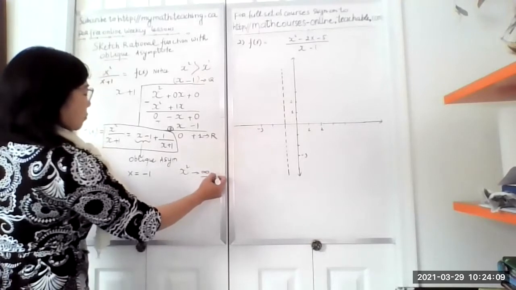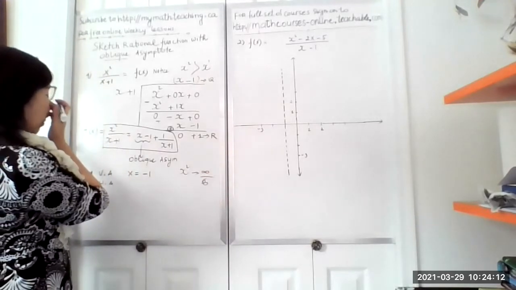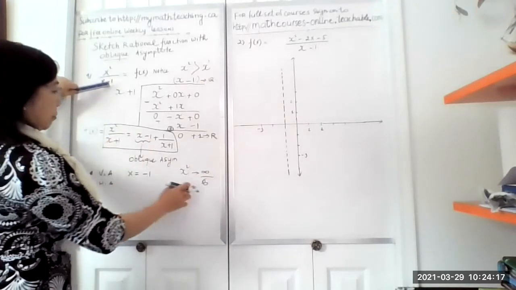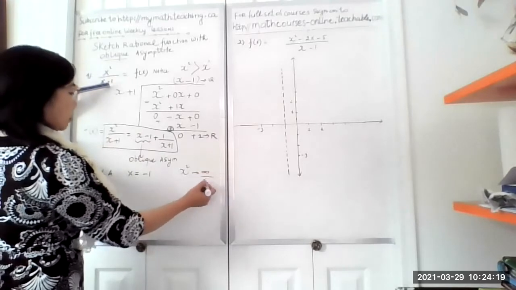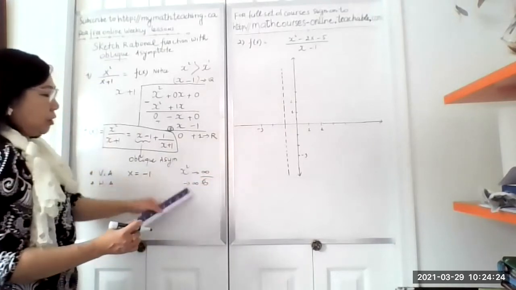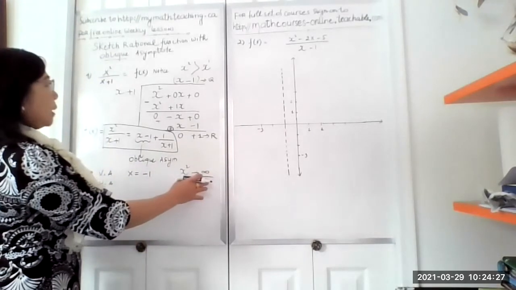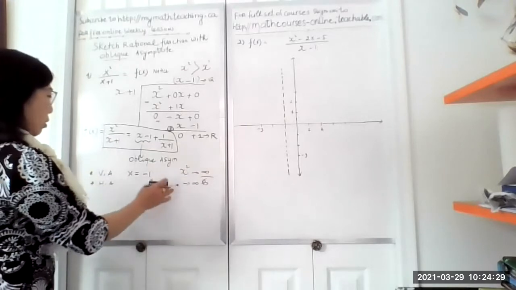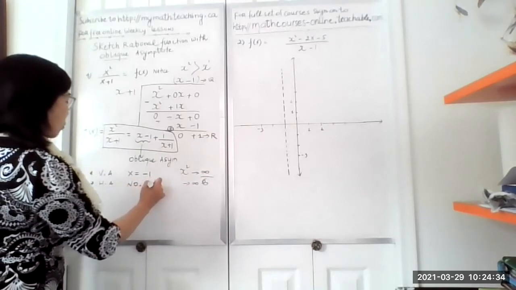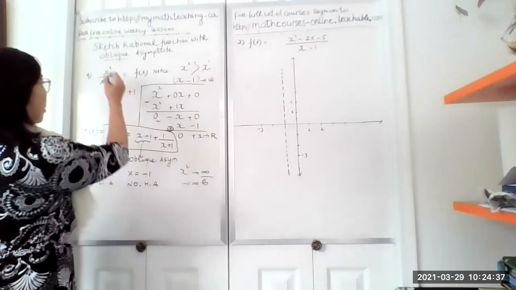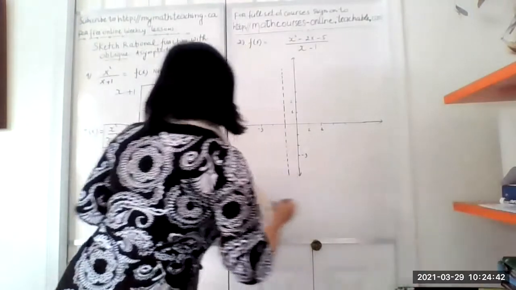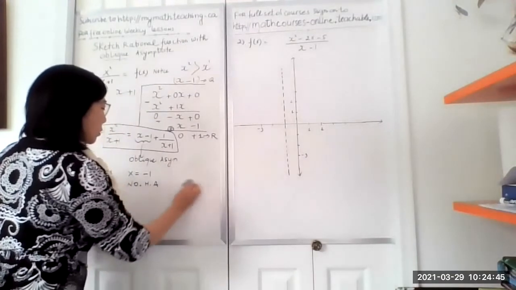If you have a bigger number on the top and a very small number at the bottom, what does it tell you? It tells you that this number is still huge, and it's too big that we cannot find it. So therefore, we don't have a horizontal asymptote. So we say no horizontal asymptotes because the degree on the top is higher than the degree at the bottom.